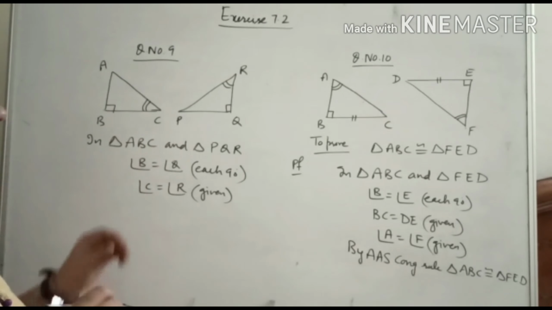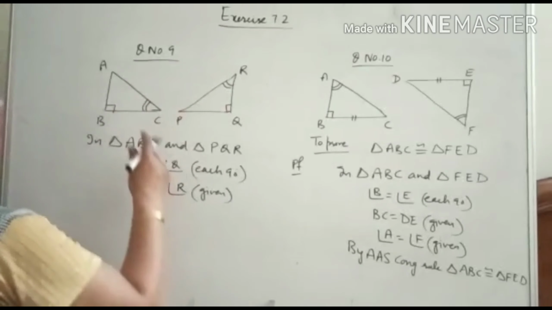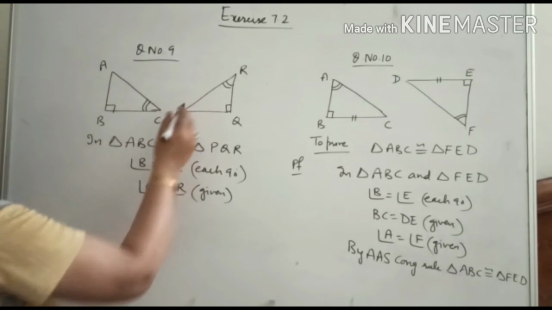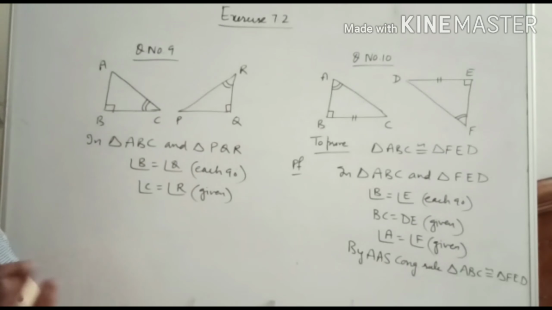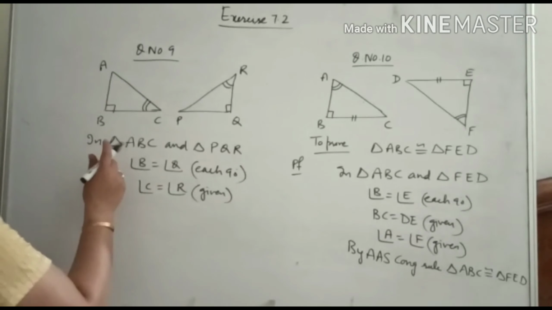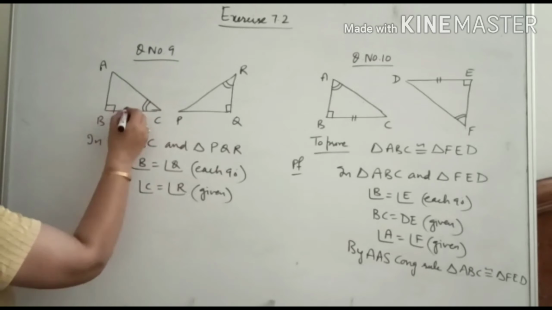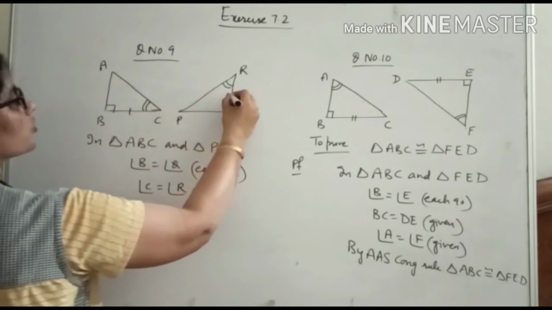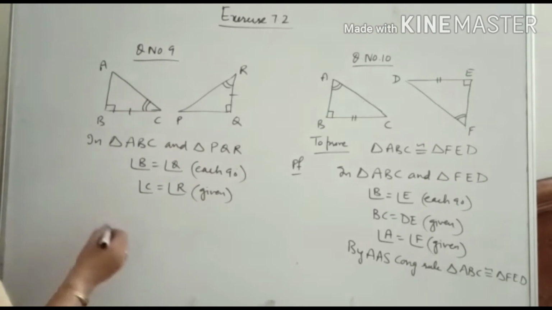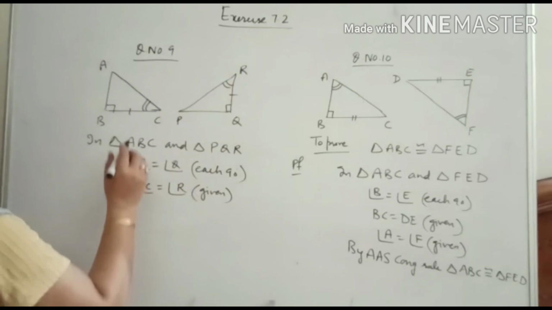Two angles are there. So if we take third angle and third angle, then this is not a criterion of congruency. AAA is not a congruency rule. What will we take? We will take the side including these angles. And here also the side including these two angles.